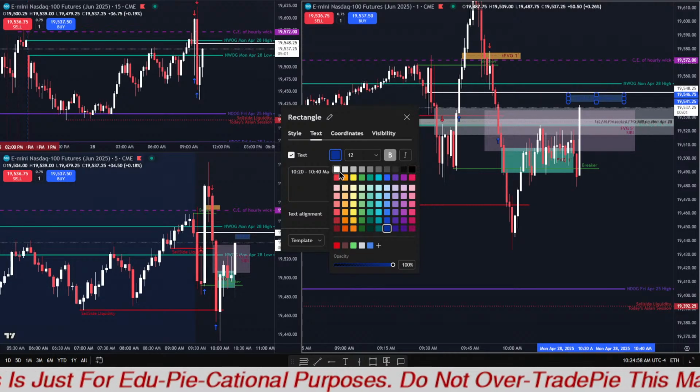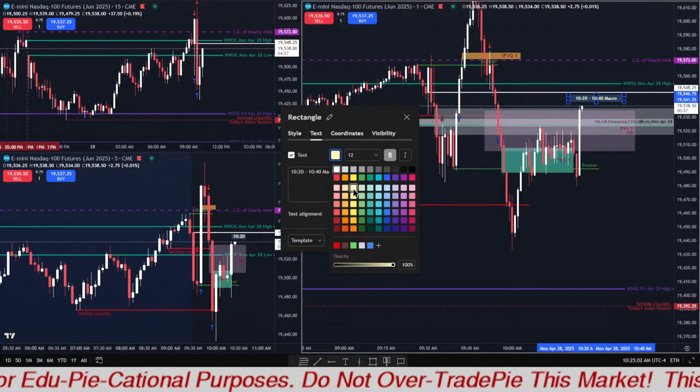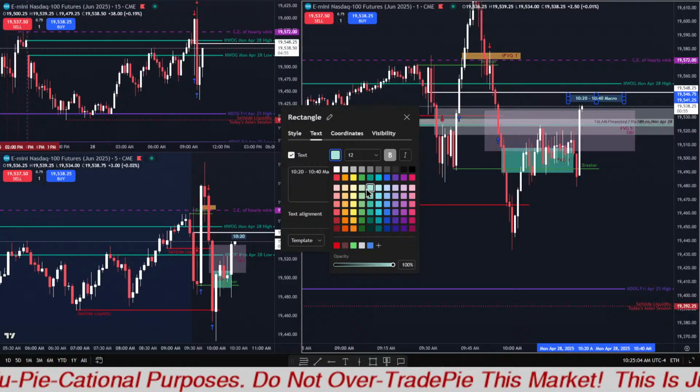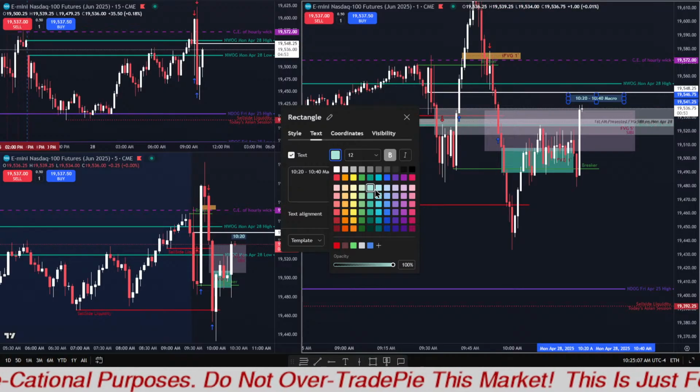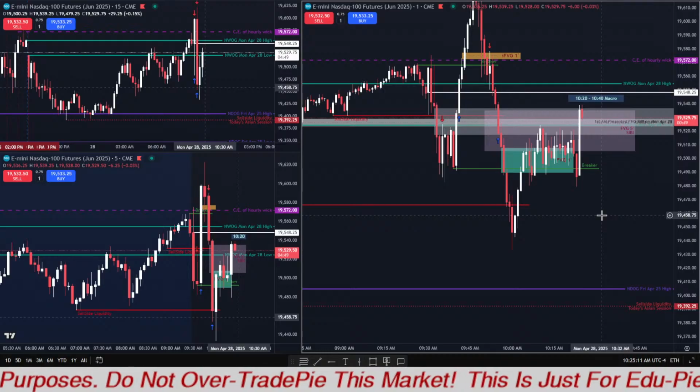It is not very visible, but we can put these colors. Okay, this looks a little better.